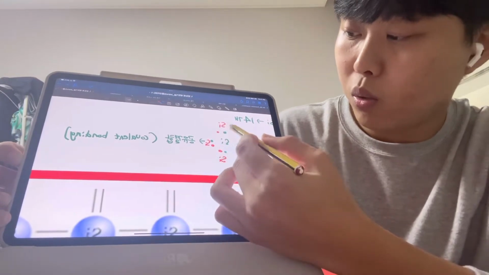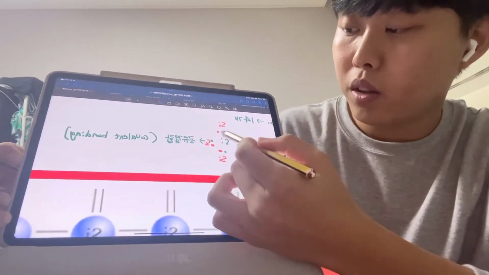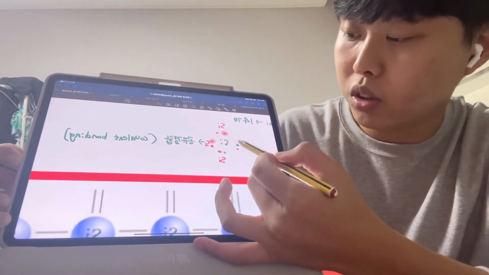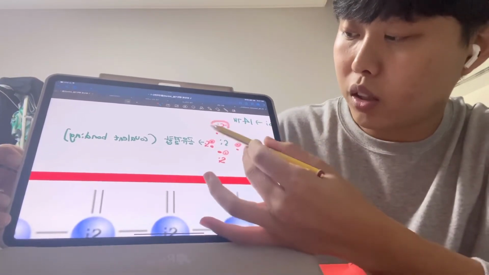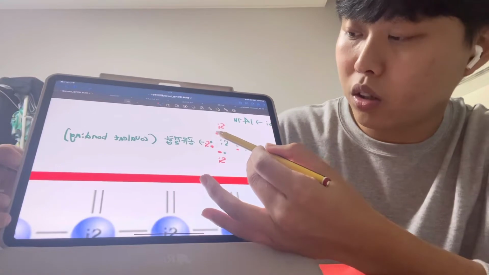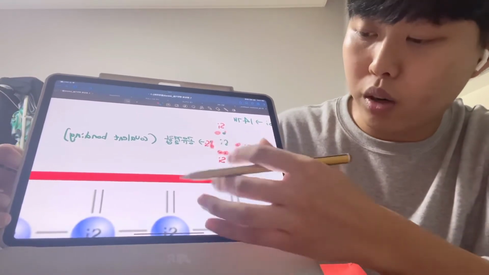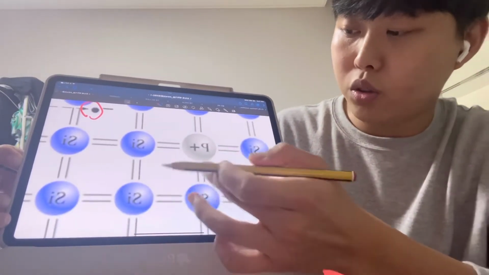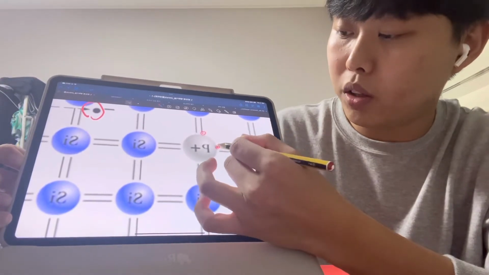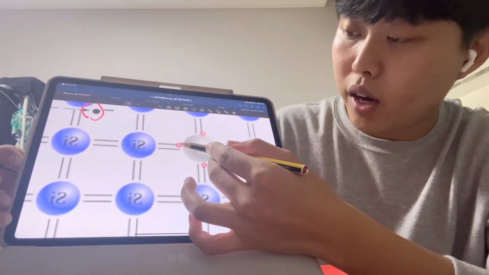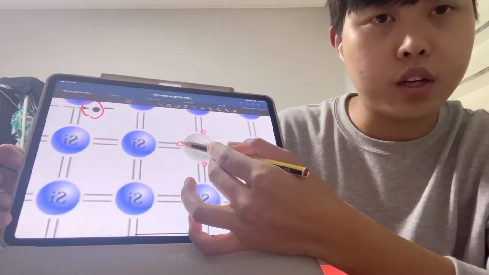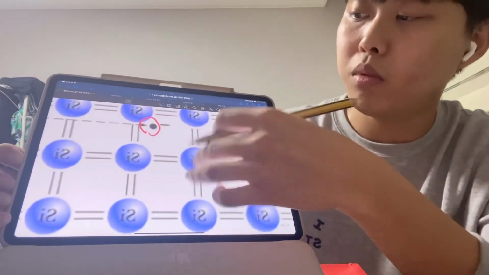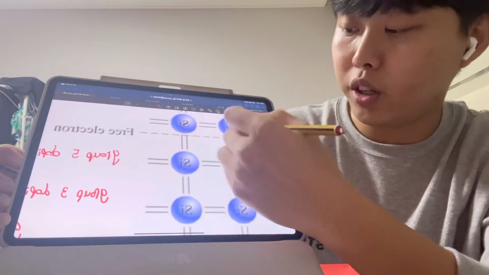If there are 1, 2, 3, 4, 5 silicon atoms, they get a covalent bond, as you can see, because they have 4 electrons in the outermost space. Whenever they get bonded with another silicon, it is very stable. However, with the phosphorus, because phosphorus is located in group 5, it gets bonded with silicon, and because it has 5 electrons, 1 electron will be left over, and we call this a free electron.